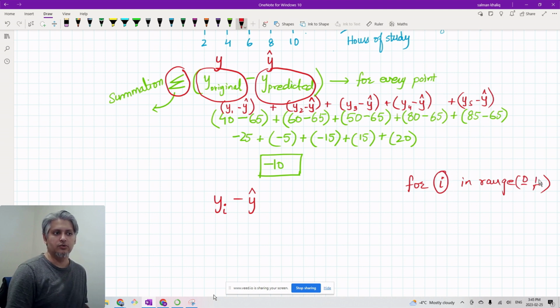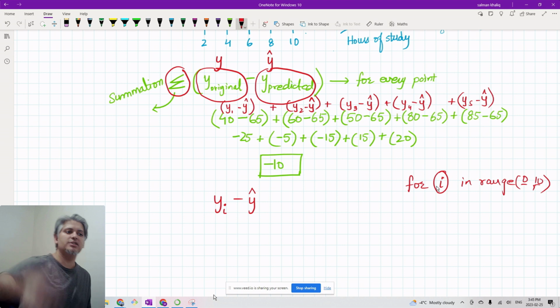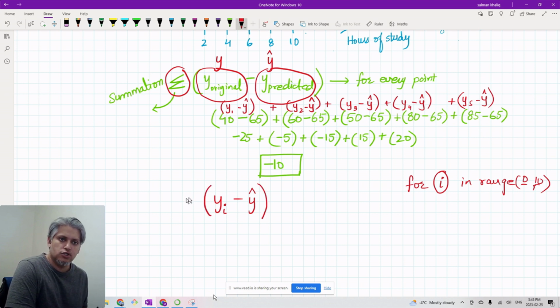Maybe I'm going from 0 to 10. So the first i value would be 0. Then the next time the loop runs, the i value would be 1, 2, 3, 4, 5, and so on. I can show it in this notation.